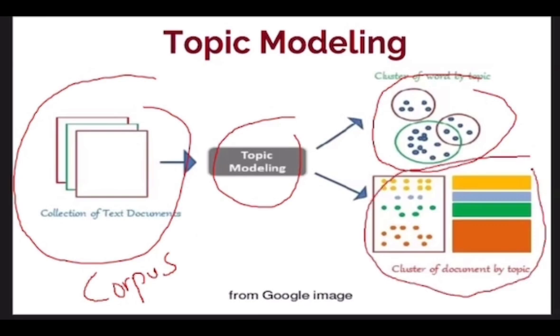I need you to see the two: clusters of words by topic, clusters of documents by topic. That is what the topic model will factorize that collection of text documents into. Okay, this is actually taken from Google Images.